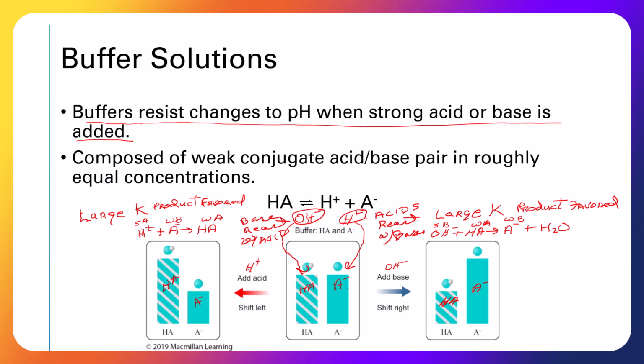It goes all the way, moves the reaction to the right because the hydroxide is going to peel the protons off of the weak acid and make more weak base. So when you add strong base, you make more weak base. When you add strong base, it reacts with the weak acid and makes more weak base. So try and find a hook somewhere in there that helps you to remember the chemistry.